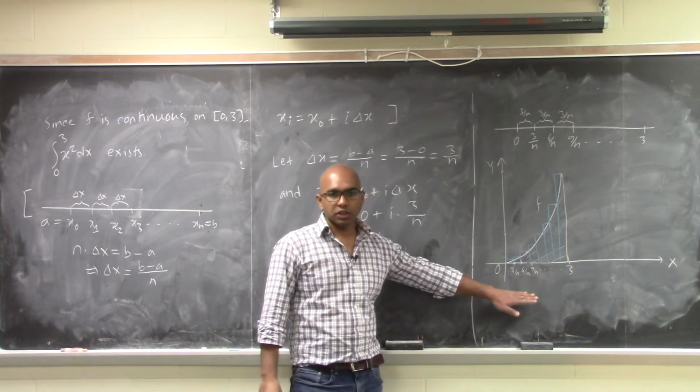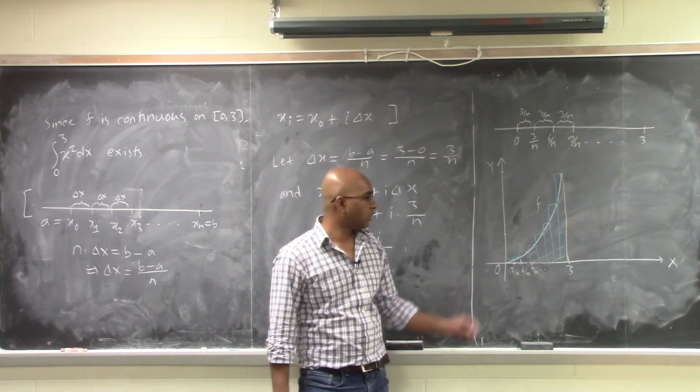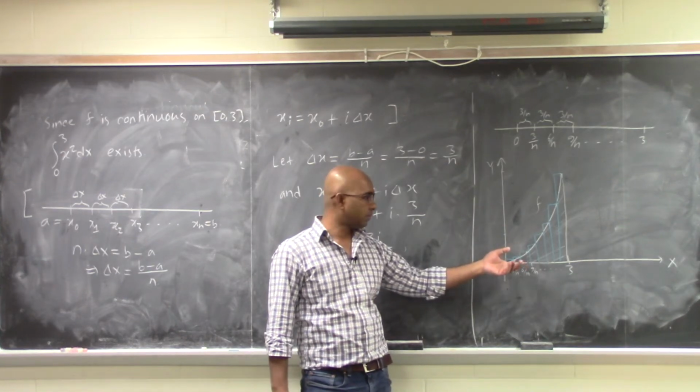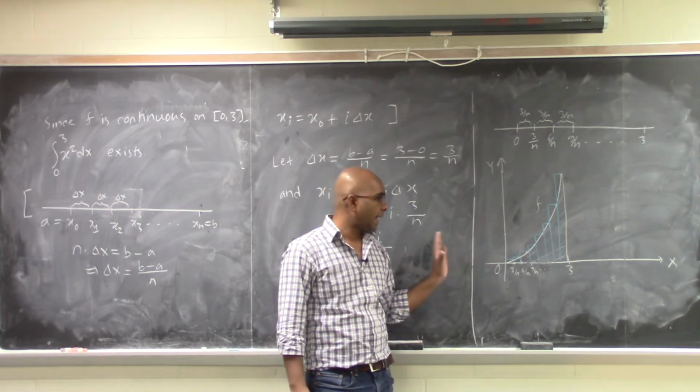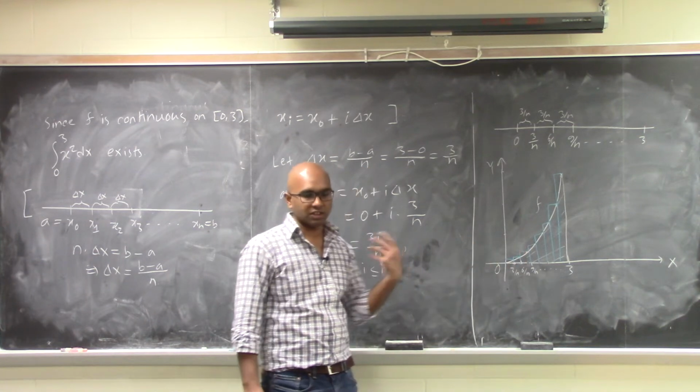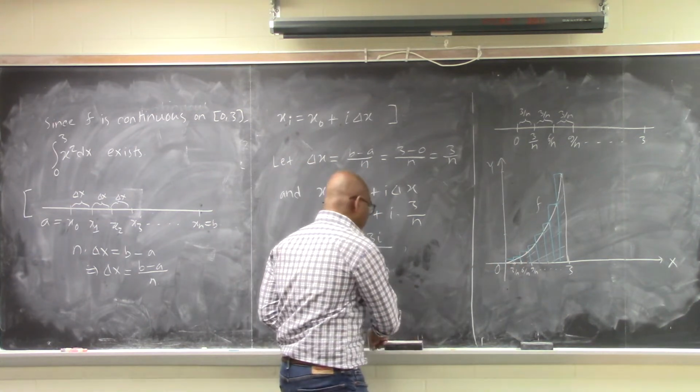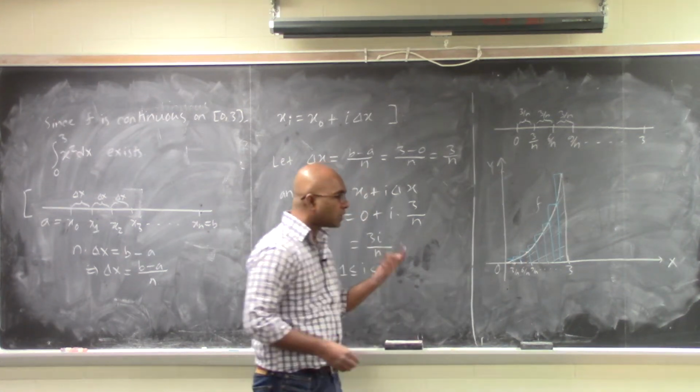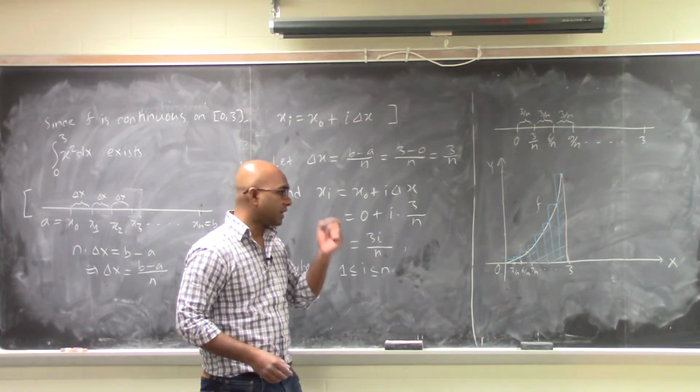So we have partitioned that interval 0 to 3, we fit rectangles, right? And then what? We need to add the areas of those rectangles, which is the Riemann sum, okay? And to calculate that Riemann sum we're going to use right endpoints, okay?